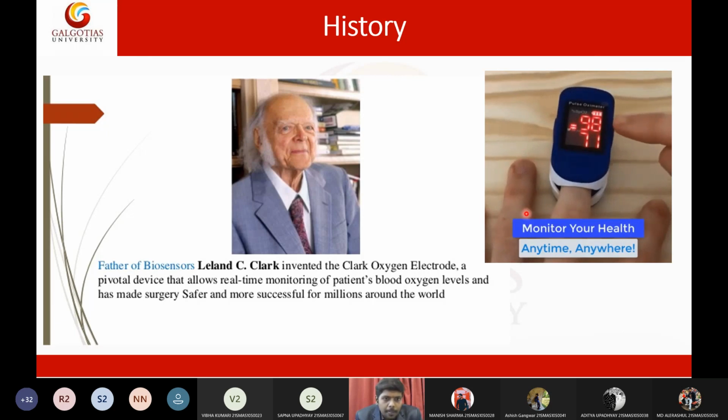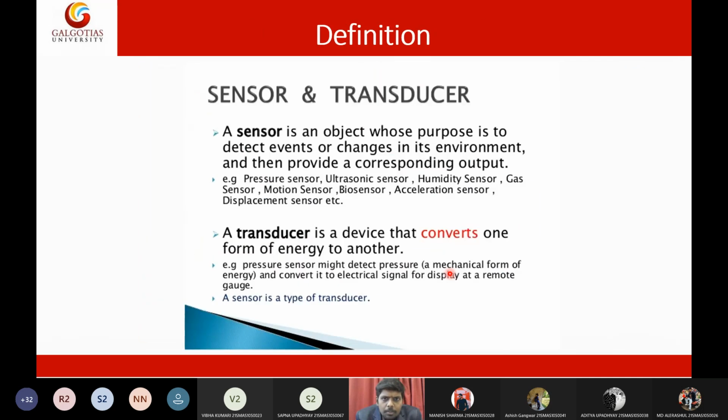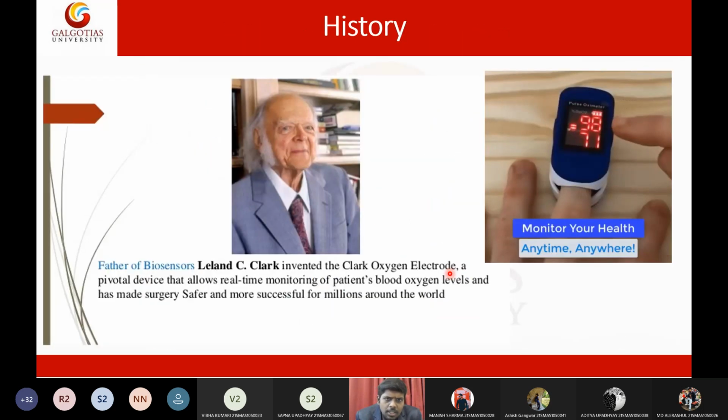I think he developed this pulse oximeter long back, in the 1980s. So after 30 years, due to the corona pandemic, we have extensively relied on his invention for assessing patients with COVID infection.